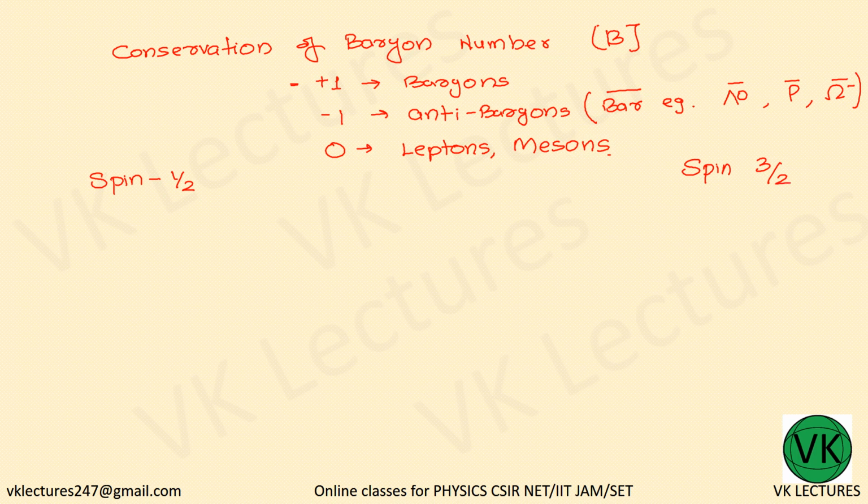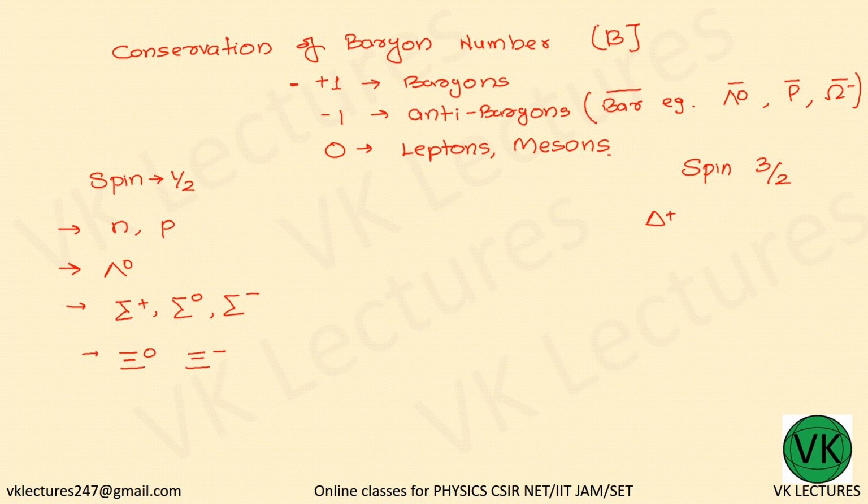So for spin half baryon you have neutron and proton, then lambda naught, sigma plus, sigma naught and sigma minus, and cascade naught and cascade minus. So these are 8 spin half baryons.